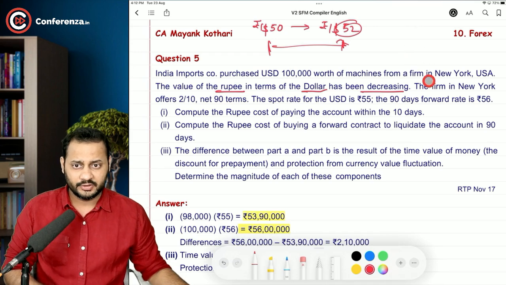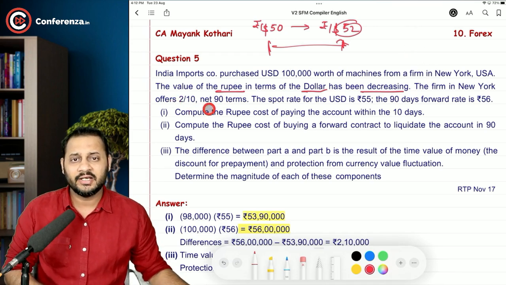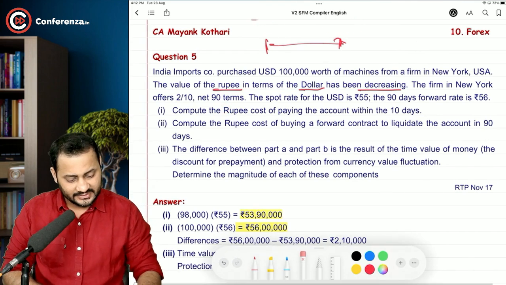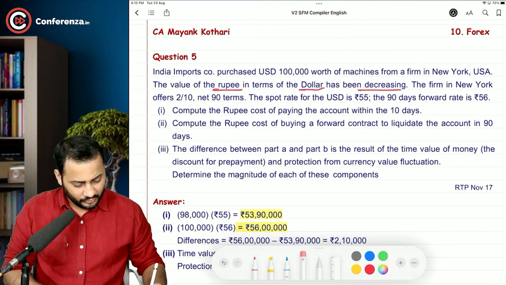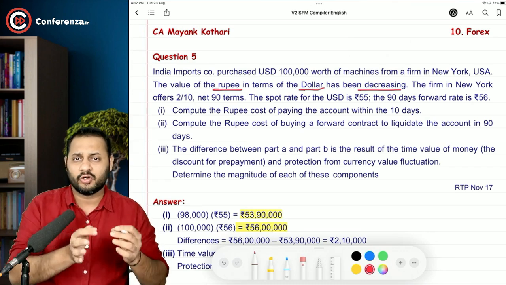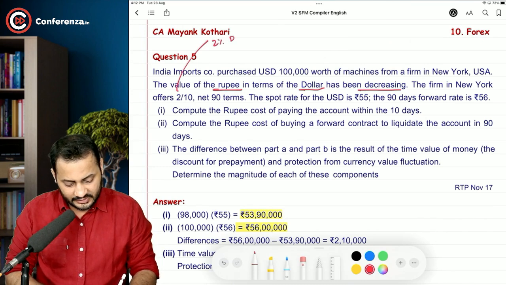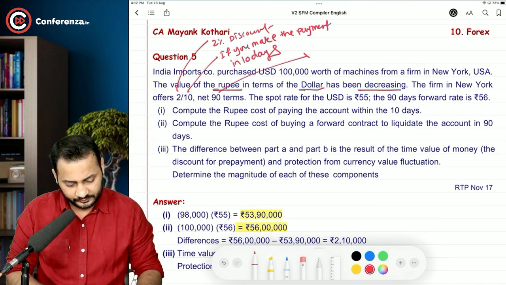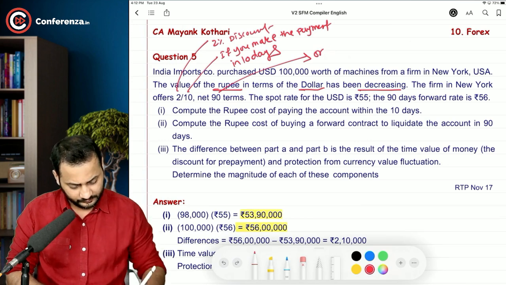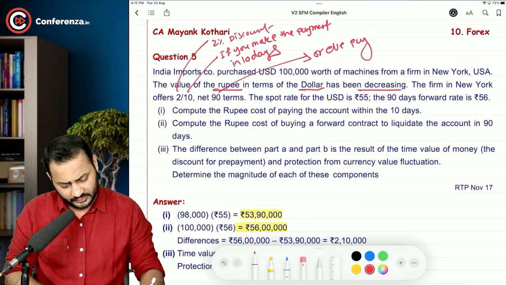The firm in New York offers 2/10 net 90 terms. Now you need to understand what exactly the meaning of this is. This is a standard term used in normally every trade. So 2% discount if you make the payment in 10 days, or else pay 100% in 90 days.